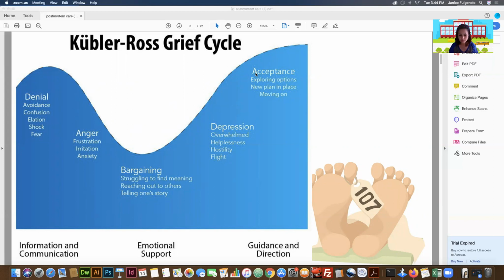Under this cycle, in the first and second stages you need to gather information and communicate well with your patient, especially using therapeutic communication. Then provide emotional support during bargaining and depression, and guidance and direction during acceptance.